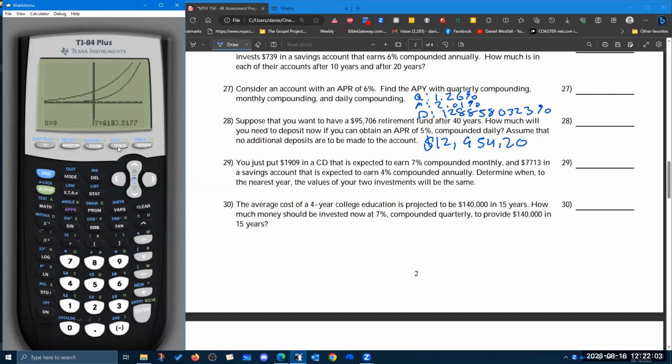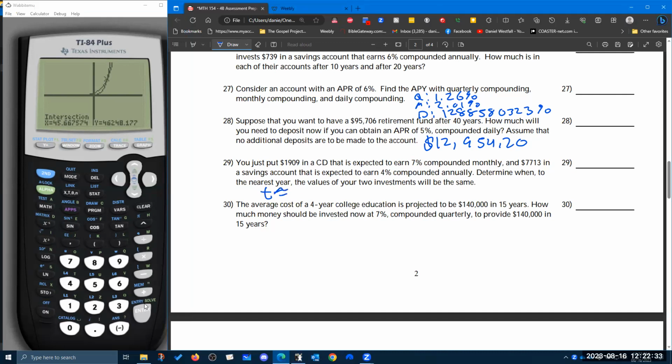Still going to cross each other up here somewhere. Zoom out some more. There we go. Second calc, number 5, curve 1, curve 2. And it's going to tell me that my time needs to be about 45.7 years for them to have the same value.